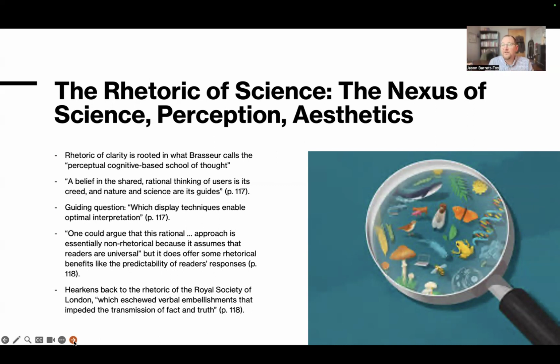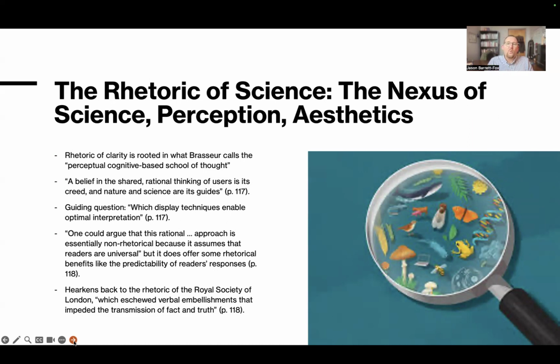What we find to be beautiful, what we find to be visually delightful, so it's interesting that science has its fingers in perception and aesthetics.